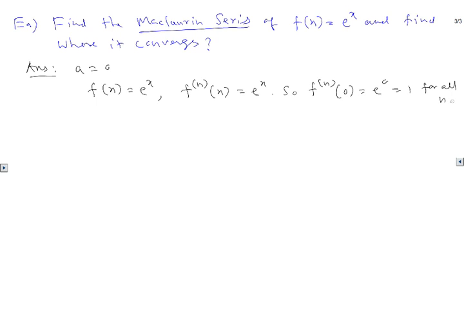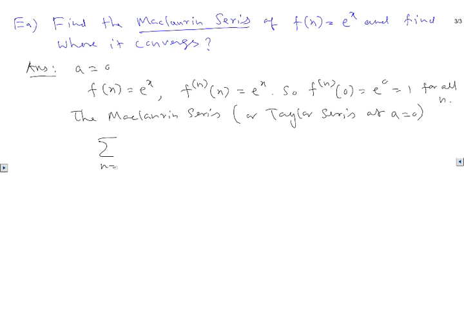So that means your Maclaurin series, or the Taylor series at a equals 0, the Maclaurin series is simply sigma. We can use the index n for this one because this is very common, but normally we use k.